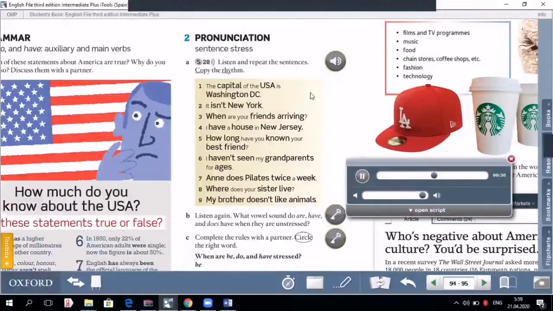How long have you known your best friend? 6. I haven't seen my grandparents for ages. 7. Anne does Pilates twice a week. 8. Where does your sister live? 9. My brother doesn't like animals.